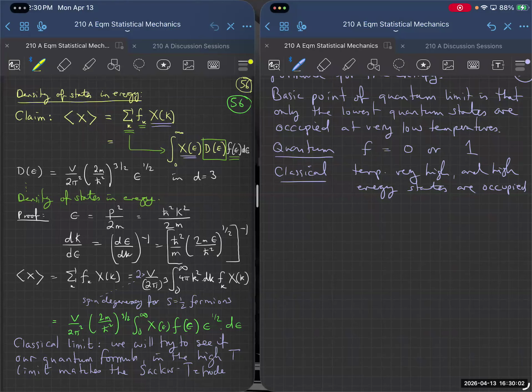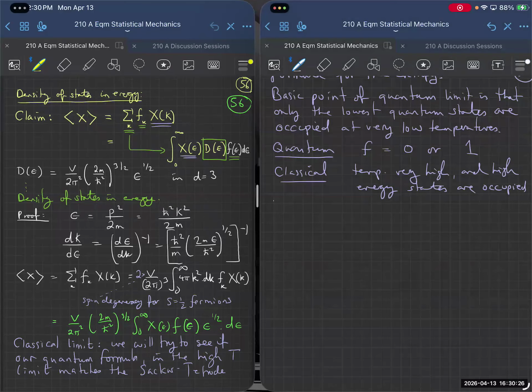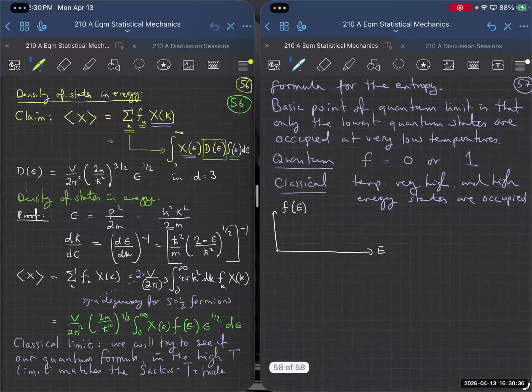Why is that? Well, because we know there's only a fixed number of particles in the system. So if at very low temperatures all the states below a certain energy were occupied, and beyond that virtually none were occupied, if I now increase the temperature and occupy all the high energy states, then the average occupation number of any state is going to be very small compared with one. So this is basically the picture, and we will derive this picture in more detail later. If you haven't seen it before, don't panic. I will come back and explain it later when we derive this properly.